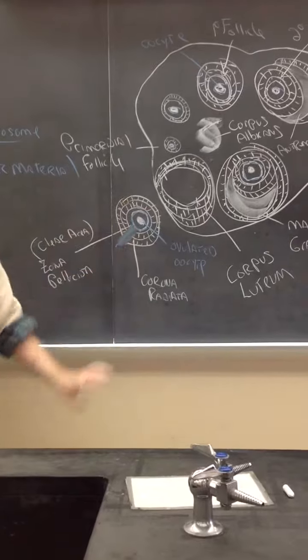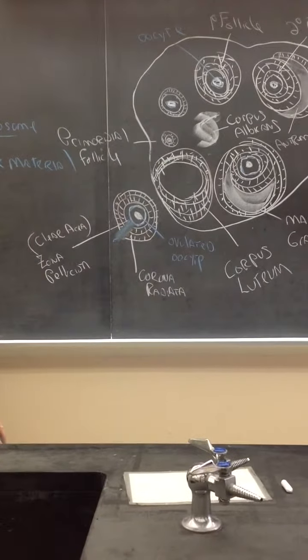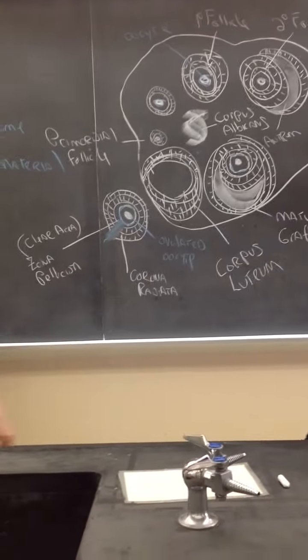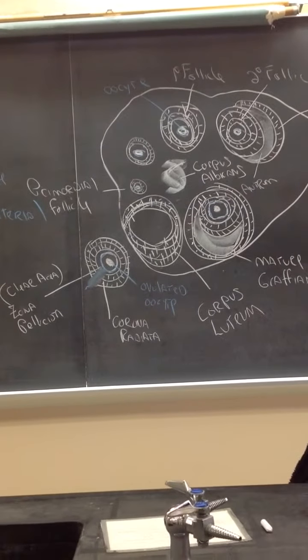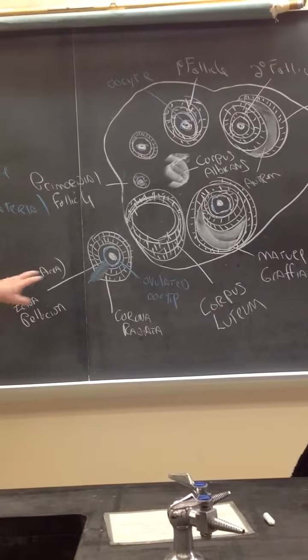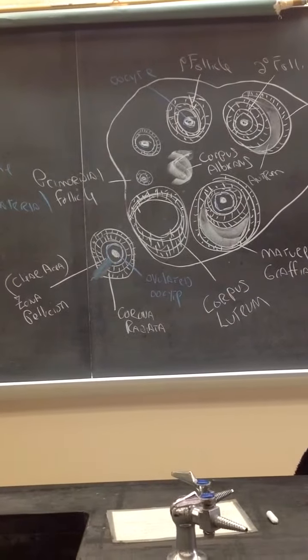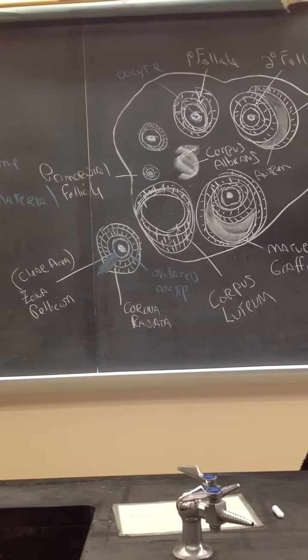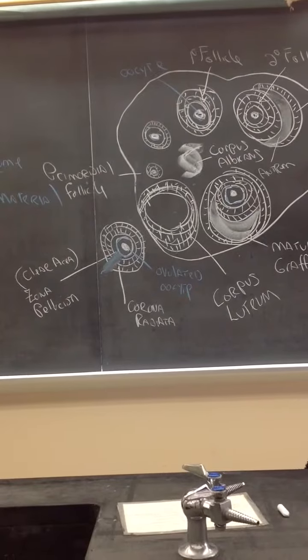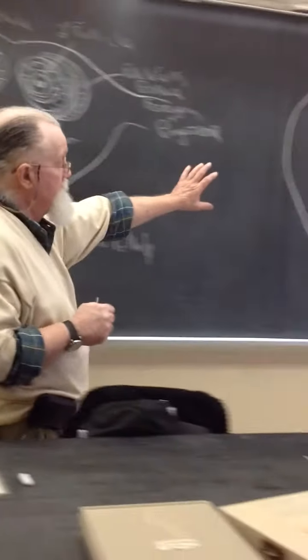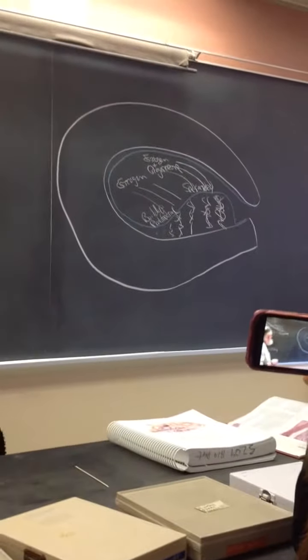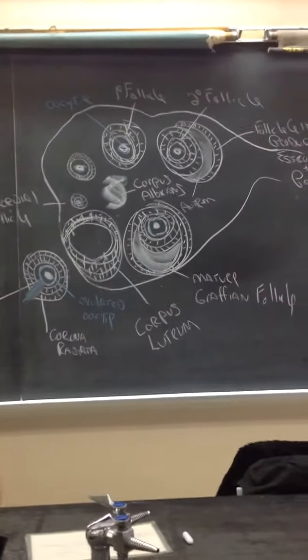Okay? So if you're planning a pregnancy, halfway through your cycle is when you should really try for coitus to ensure that the sperm will get to the egg at the right time. Okay? So this is the uterine cycle, and this is the ovarian cycle.